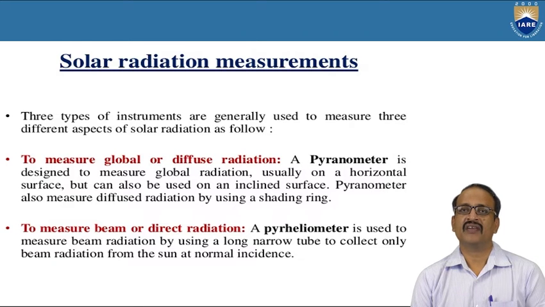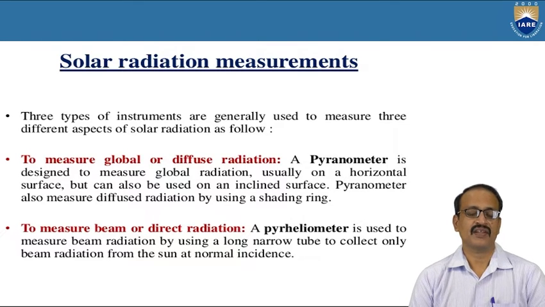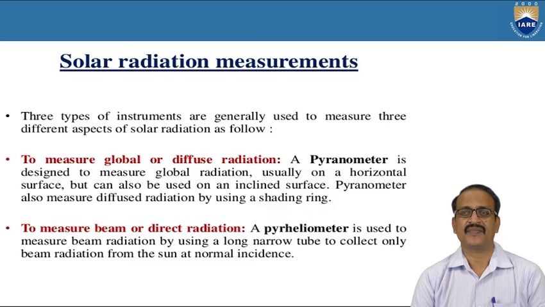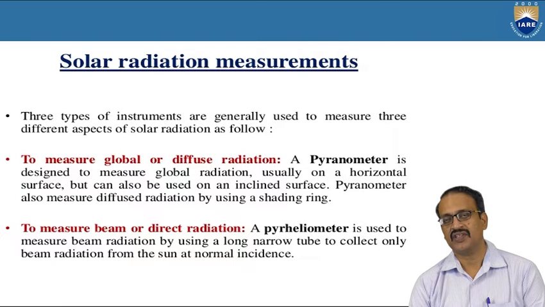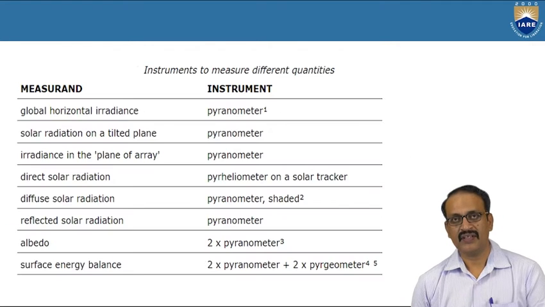The pyranometer also measures diffuse radiation by using a shading ring. So that's why we call it a global or diffuse radiation measurer. And the pyheliometer will take only the direct incident of the sun. It cannot take the indirect incident of the sun.